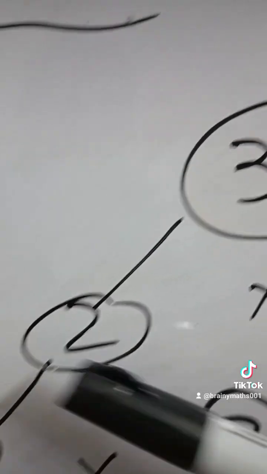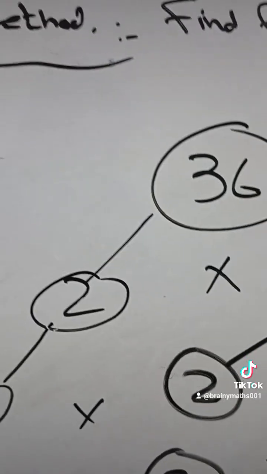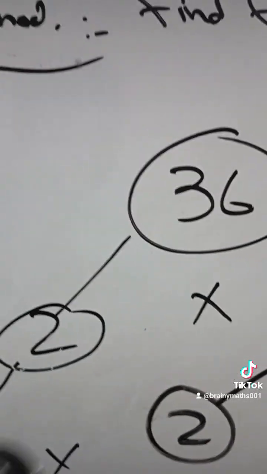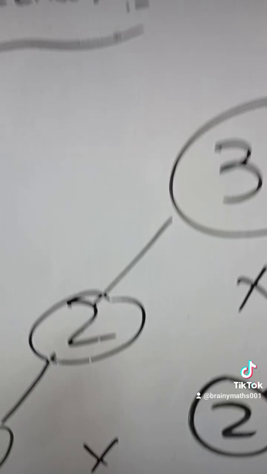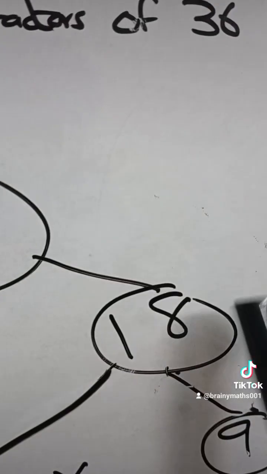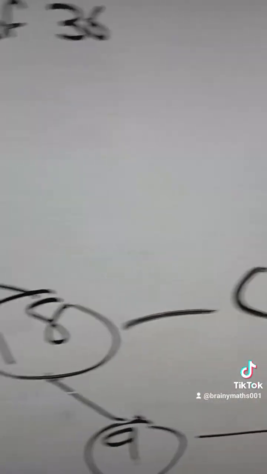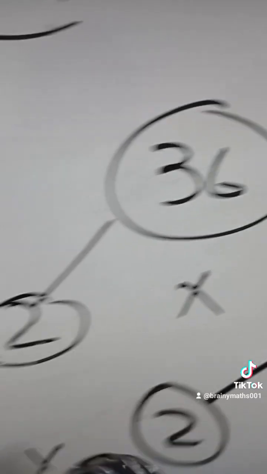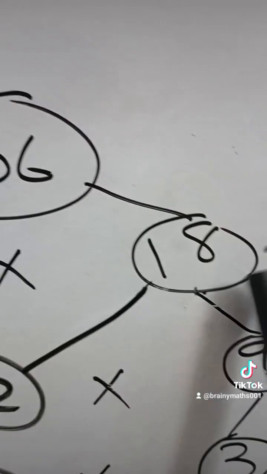So 2 and 18 are factors of 36. Clear? As you know, 2 is a prime number. This cannot be solved further. But here 18 is a composite number. You have to solve it. So for that purpose, this 2 will remain the same in the next line. You will solve this 18.